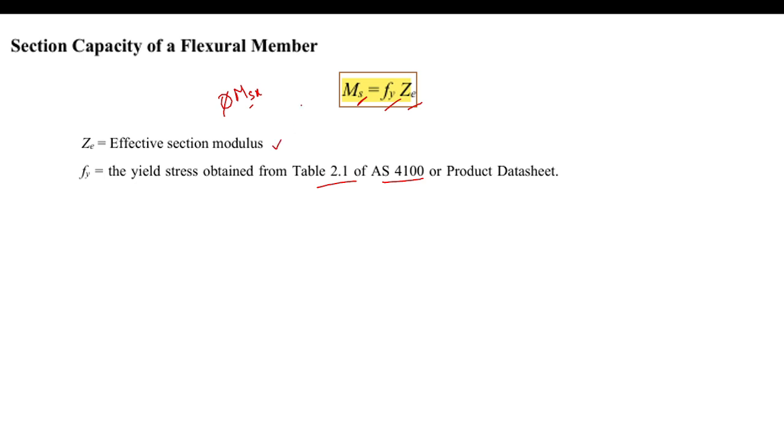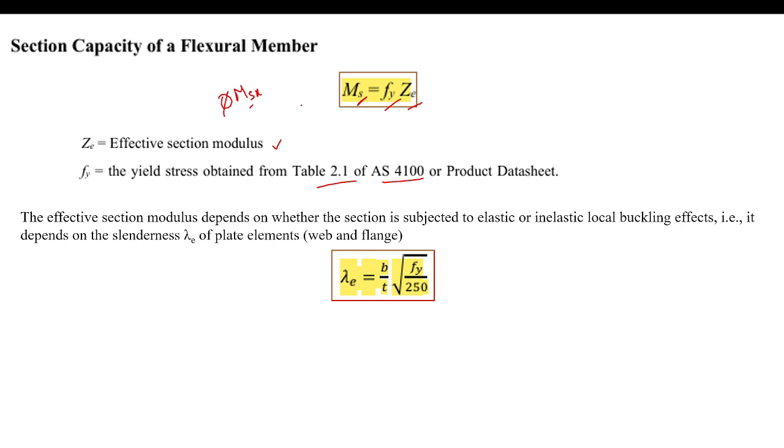To find this effective section modulus, it depends on the slenderness ratio. So what is this slenderness ratio? It will tell us whether the section is subjected to elastic or inelastic local buckling effect. In simple terms, whether the section will undergo elastic local buckling or inelastic local buckling.